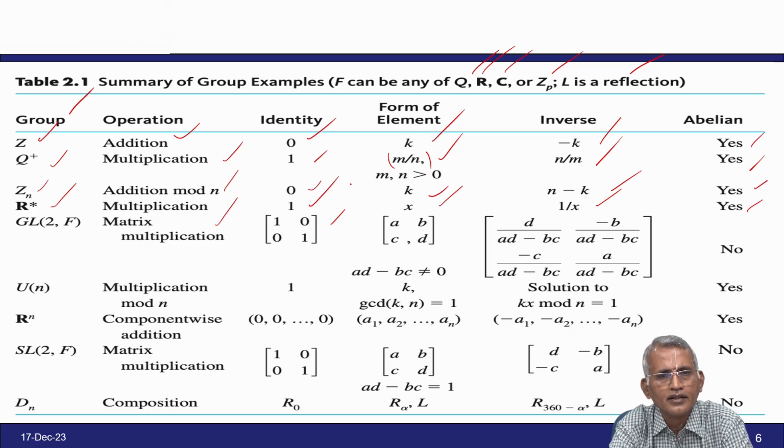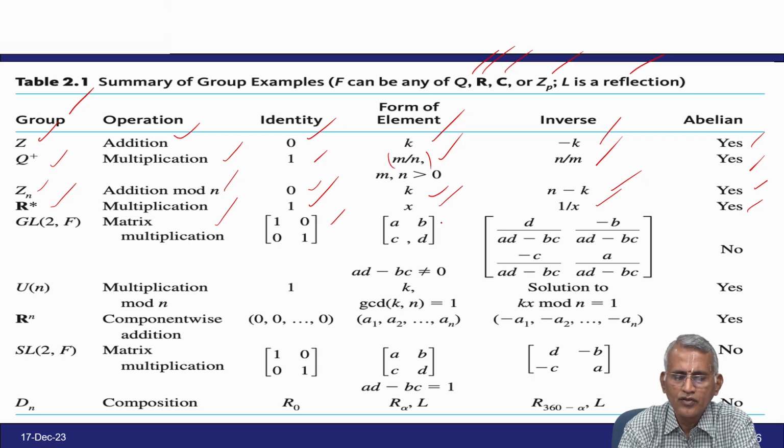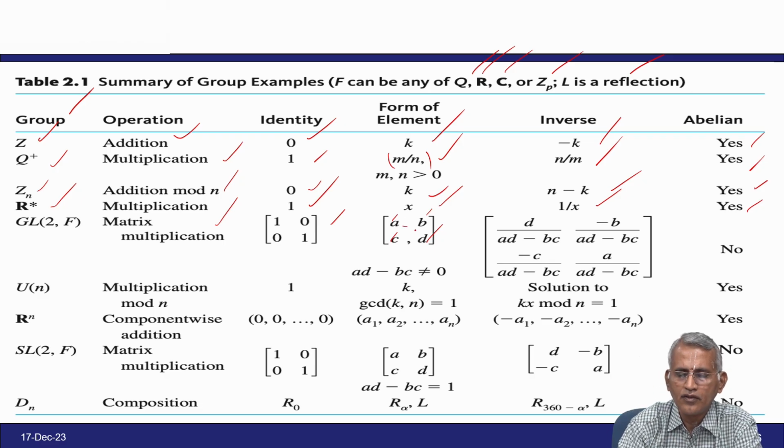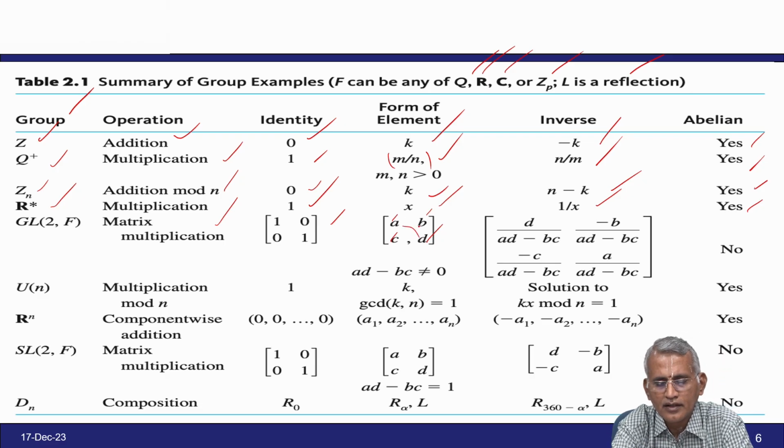The inverse A inverse is obtained by interchanging the diagonal elements, changing the sign of the opposite diagonal, and finding the determinant.